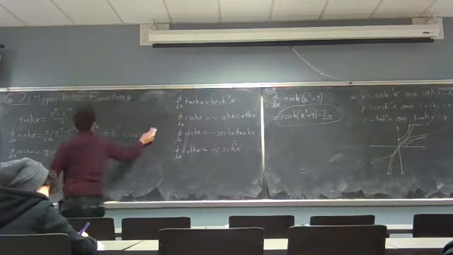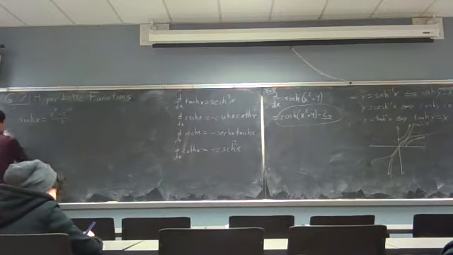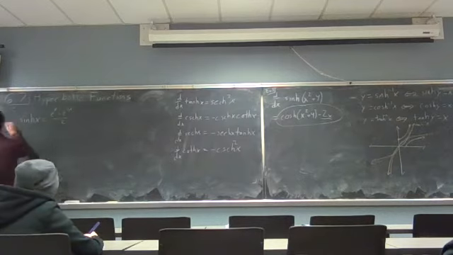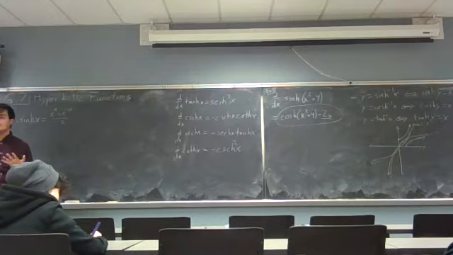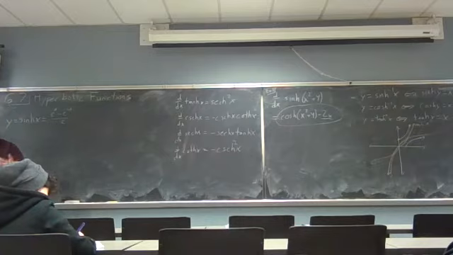But we're going to take this function and find its inverse. If I give you a function and I want you to find what the inverse function looks like, we had three steps.